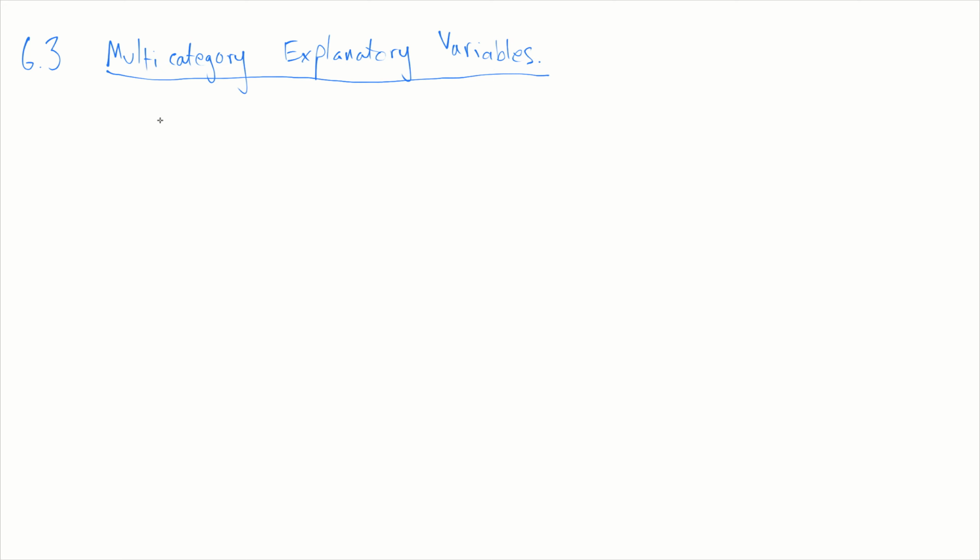So we use this when we have more than 2 groups. 2 groups is the binary case. This is when we have more than 2. So let's take the example of corn yield. Corn yield in 4 states.